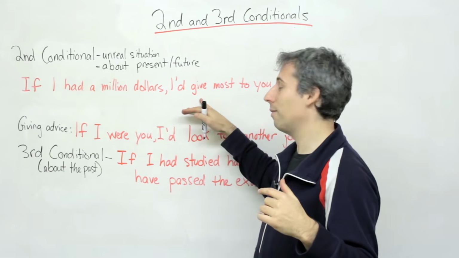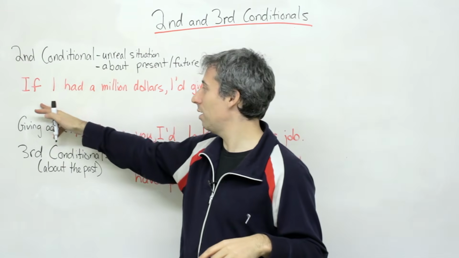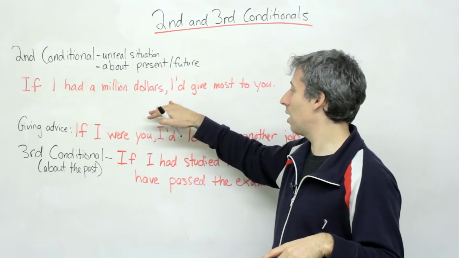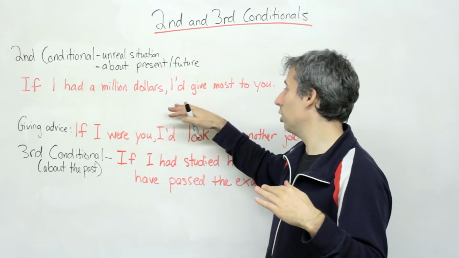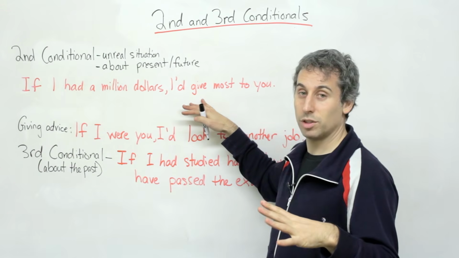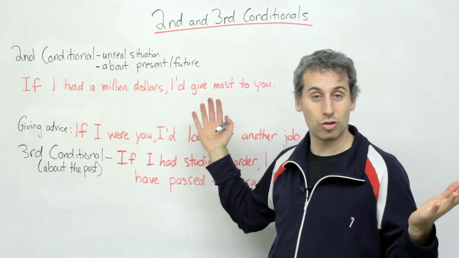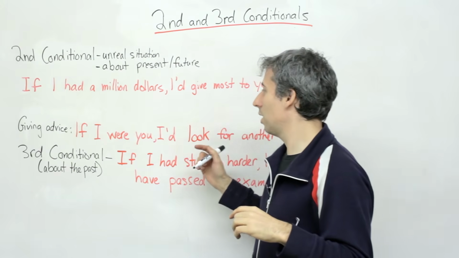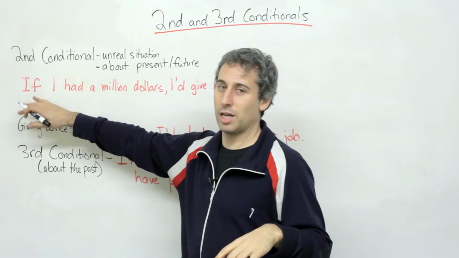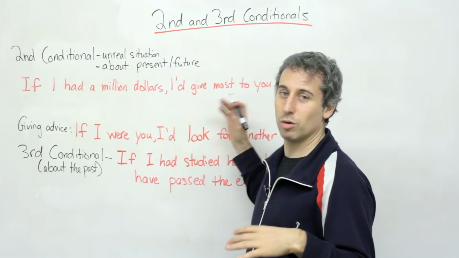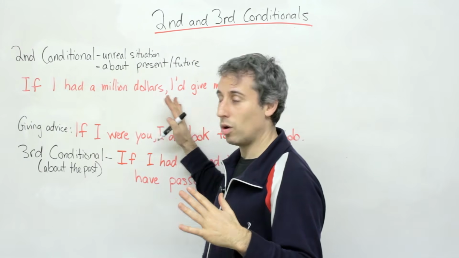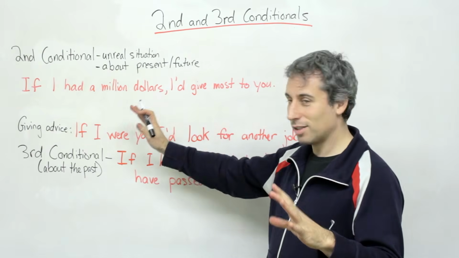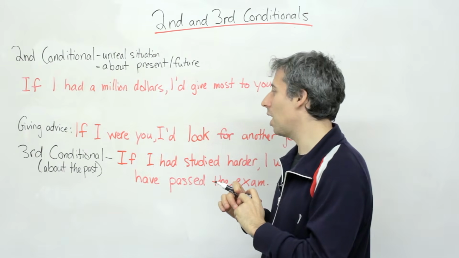So would and then present tense. Okay, so if, subject, simple past, comma, I would, simple present. And that's the structure of the second conditional. You would not say, for example, if I would give most. You keep the would in one and the if in the other. Okay? So that's the second conditional.